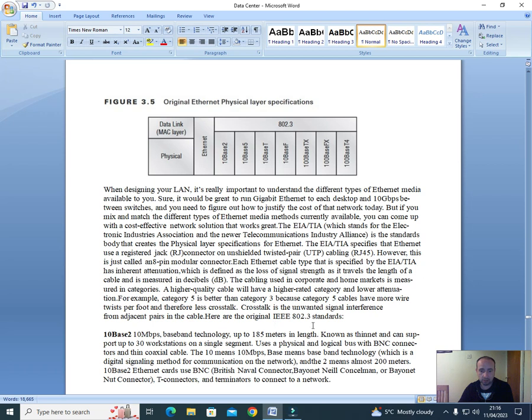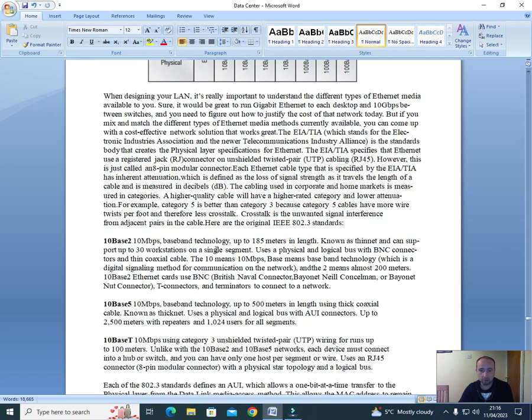Here are the original IEEE 802.3 standards. 10Base2: 10 Mbps baseband technology up to 185 meters in length, known as ThinNet, and can support up to 30 workstations on a single segment. Uses a physical and logical bus with BNC connectors and thin coax cable.